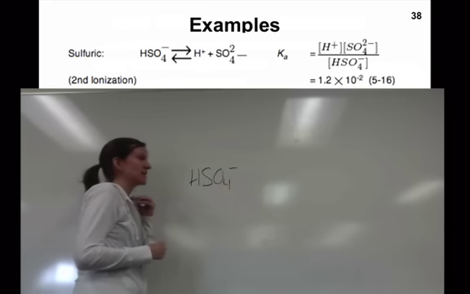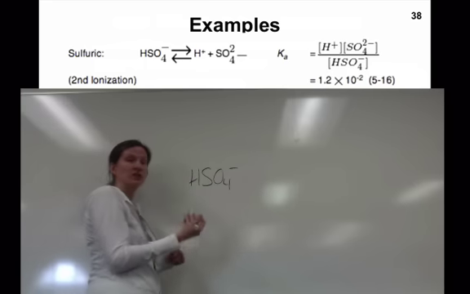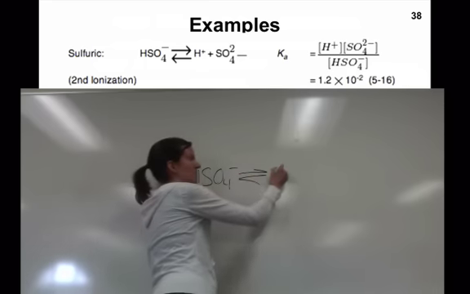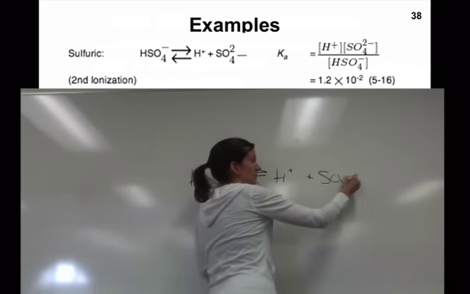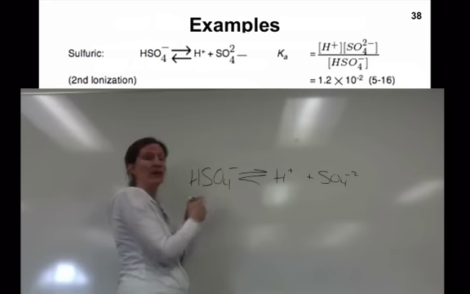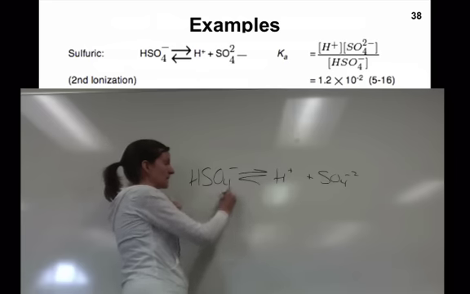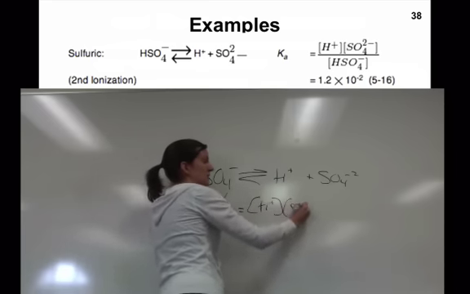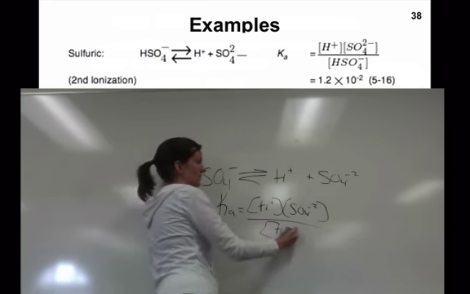If we're looking at the second protonation of sulfuric acid, the second hydrogen dissociating, one hydrogen comes off, and then you'll have the other ion, which goes to a -2 because the H came off, so you have an extra charge there. So this is the dissociation equation. The Ka for this is the concentration of H plus times the concentration of SO4 -2, all over the concentration of the original acid.